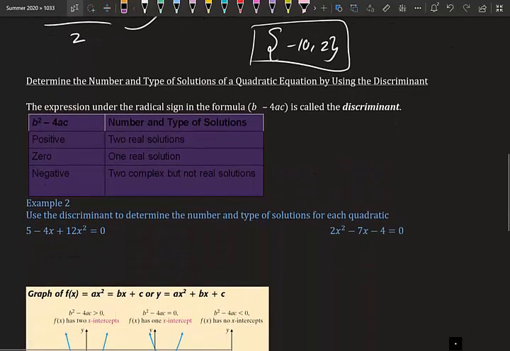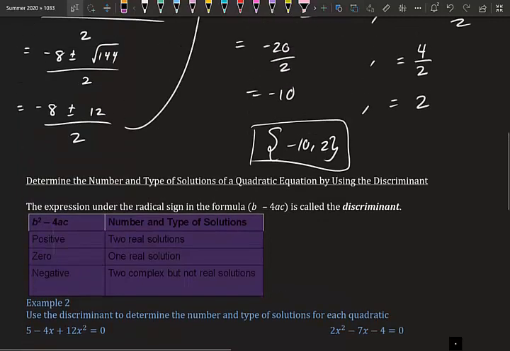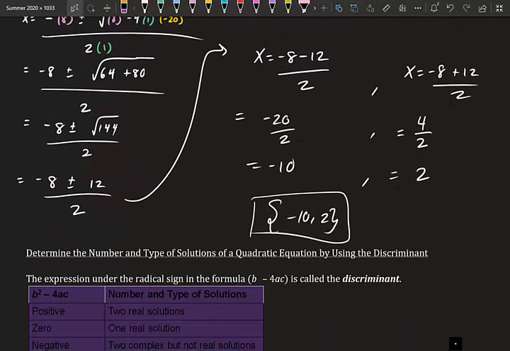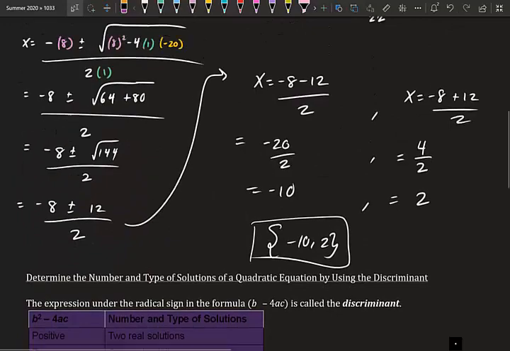All right, determine the number and type of solutions of a quadratic equation by using the discriminant. The expression under the radical sign in the formula, b squared minus 4ac, is called the discriminant. If you use the discriminant and you get a positive answer, you get two real solutions. Here you see how we got two solutions, negative 10 and 2.